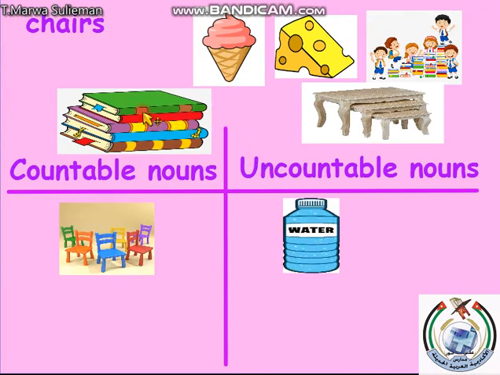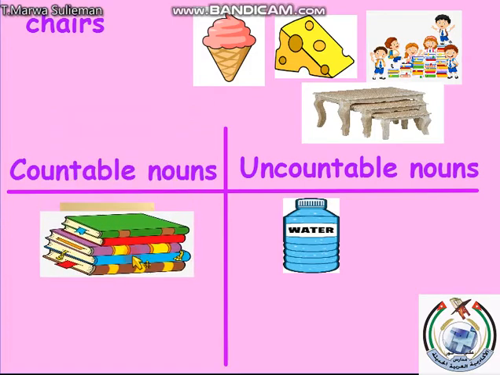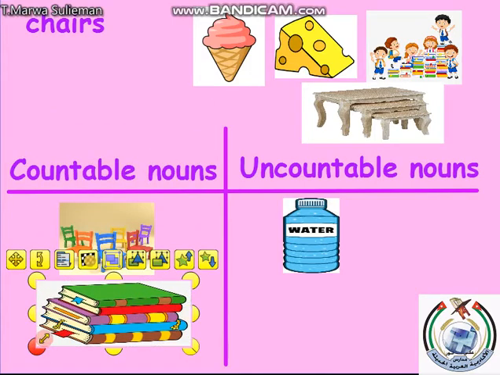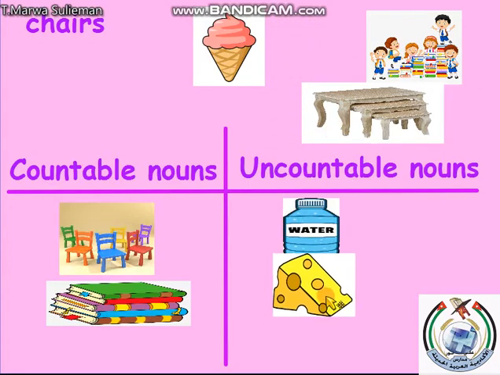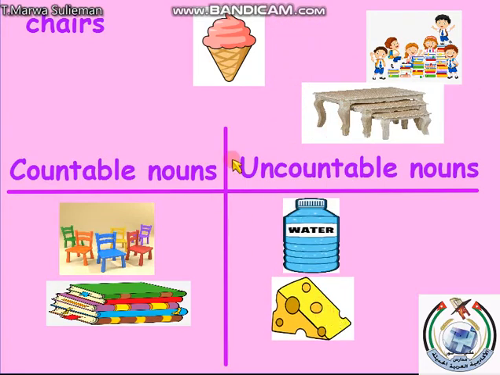What about books? 1, 2, 3, 4, 5 books. So books is a countable noun. What about cheese? Can you count the cheese? No, so cheese is an uncountable noun.